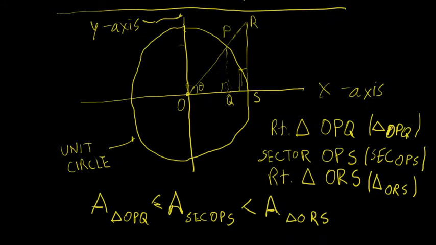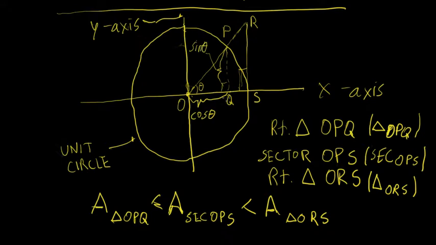Well, OQ is the base of triangle OPQ, and PQ is the height of triangle OPQ. We know OQ, which is this segment here, its length is cosine of theta. But PQ, which is this segment, which is the height, its length is sine of theta.